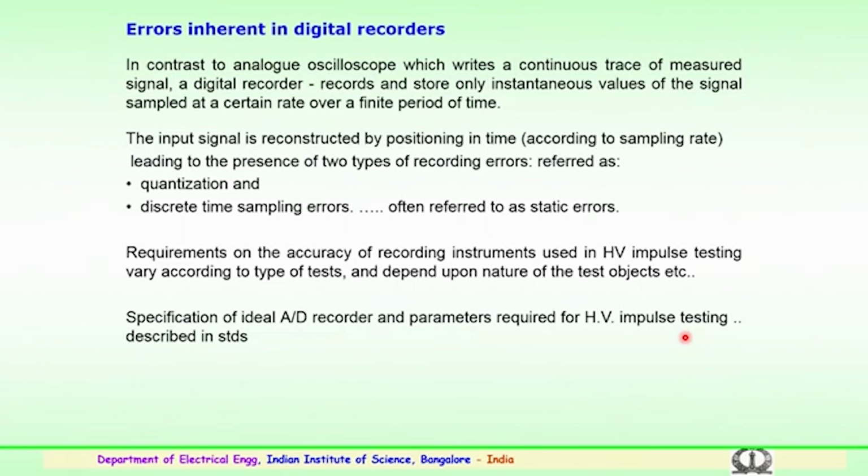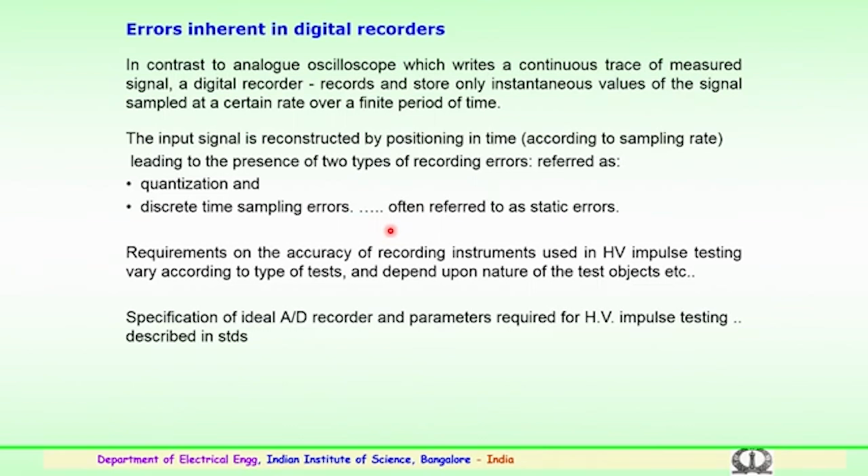The input signal is reconstructed by positioning in time according to the sampling rate. This leads to two types of recording errors, generally referred to as quantization and discrete time sampling errors. These are often referred to as static errors.